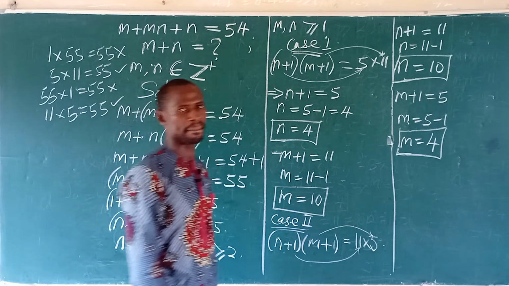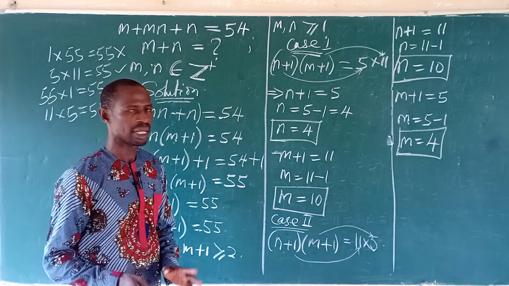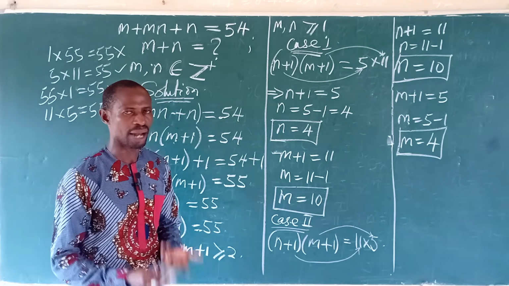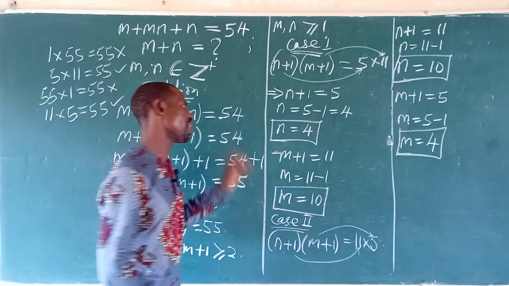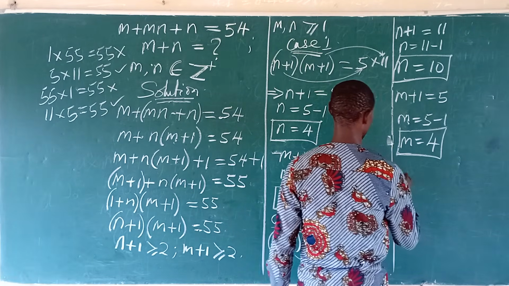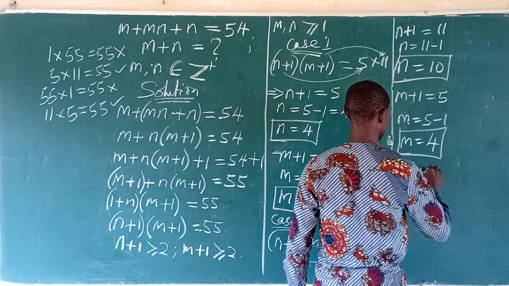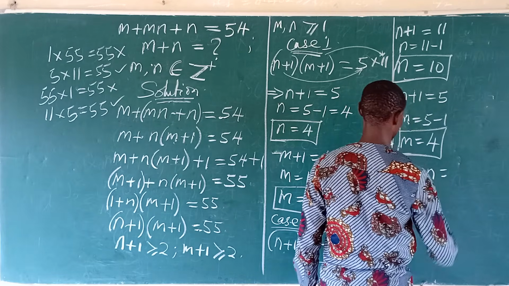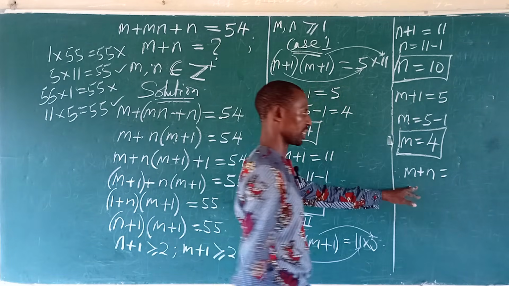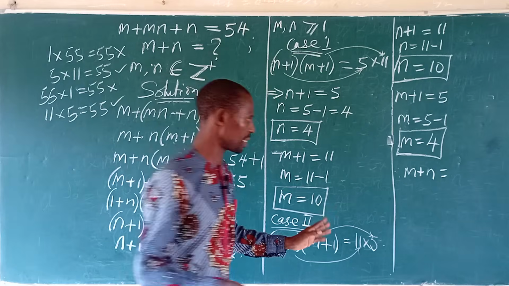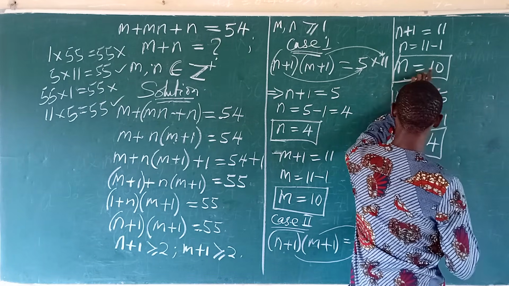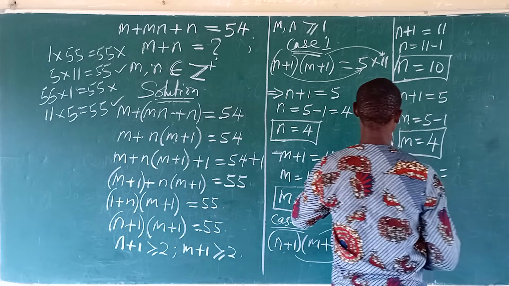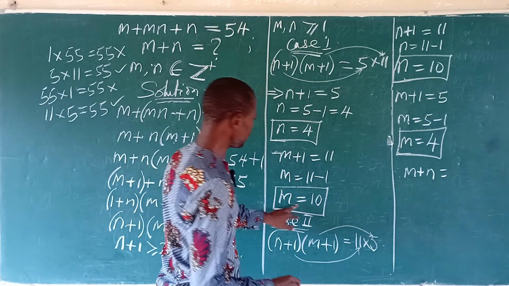So do you get it now? That when m is equal to 4, then n is equal to 10. And when n is equal to 10, m is equal to 4. So therefore, m plus n will now be equal to what? So we're taking the positive one here, either of them will give us the same answer. So we have m equal to 10.